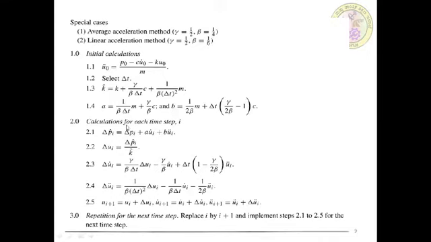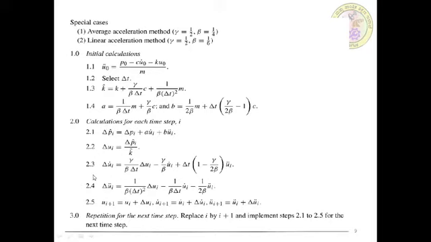Next, the incremental quantities for the time step are calculated. Finally we are interested in the displacement, equation 2.5, which gives the next displacement, next velocity and next acceleration. Then the cycle is repeated for i plus 1. Equations 2.1 to 2.4 are the initial conditions, and 2.5 is the calculation step.